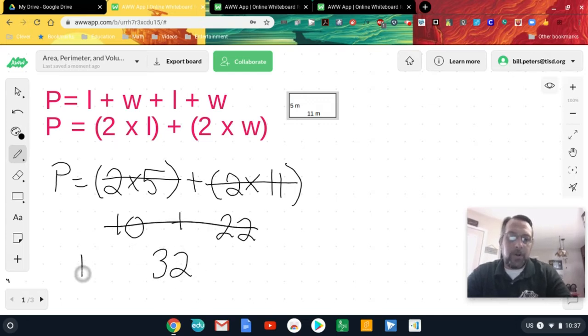So therefore, the perimeter of this shape is 32. Our formulas work exactly the same, and you will get the exact same answer. Which formula you choose to use is up to you.